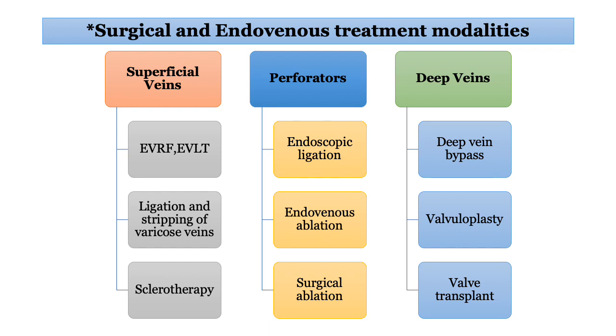I will summarize in this figure. If the cause of venous ulcer, that is to say CVI, is in the superficial veins, we use either laser therapy or radiofrequency therapy, or surgical ligation and stripping, or sclerotherapy, to treat the superficial venous system as a cause of CVI and venous ulcer.